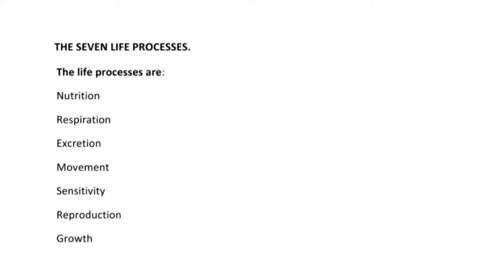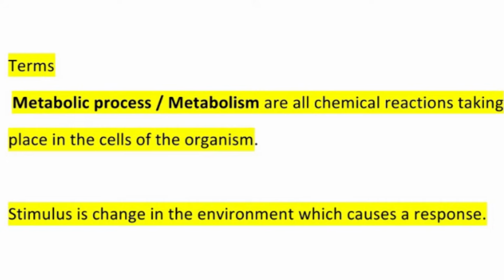Before we discuss the 7 life processes, we want to define 2 terms that we will meet. One of the terms is metabolic process or metabolism. These are chemical reactions taking place in the cells of the living thing or organism.